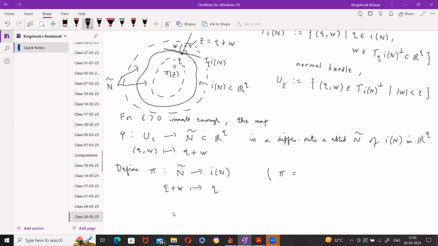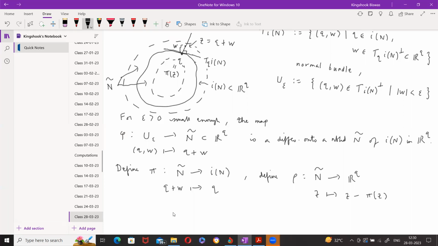Okay, fine. So we have this, and now define also another map, rho, from N tilde to R^q. Z goes to Z minus pi Z. All right.